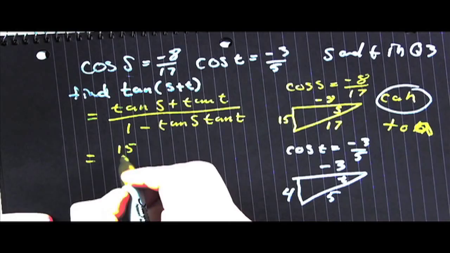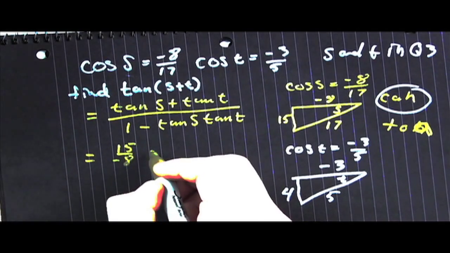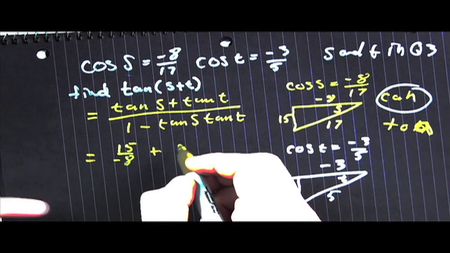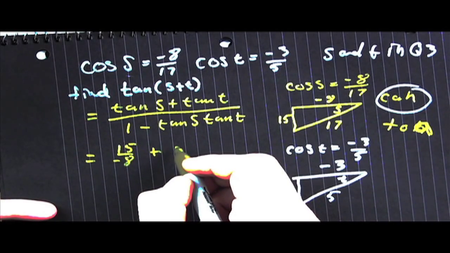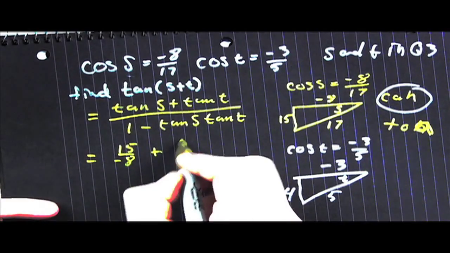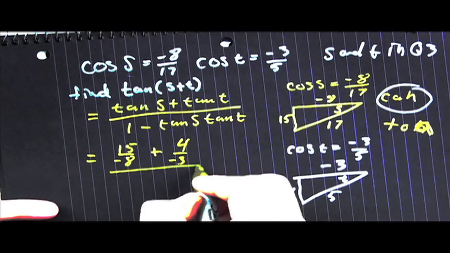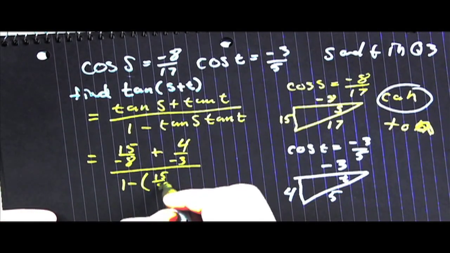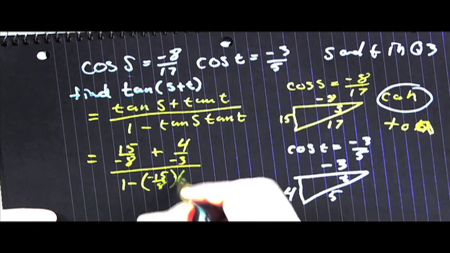The opposite is 15, and oh, that should be a minus 15. Keep going. And then use triangle T for the tangent of T, and that should be minus also. 1 minus. Oh, that should be plus. That one too.